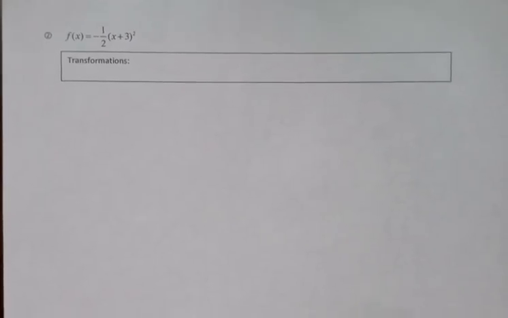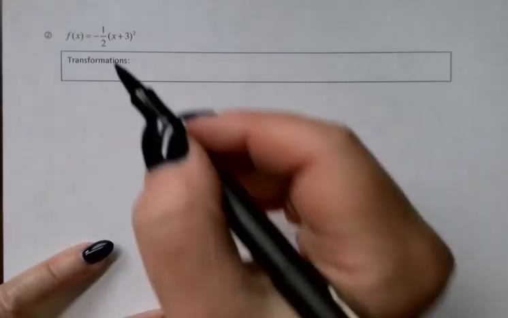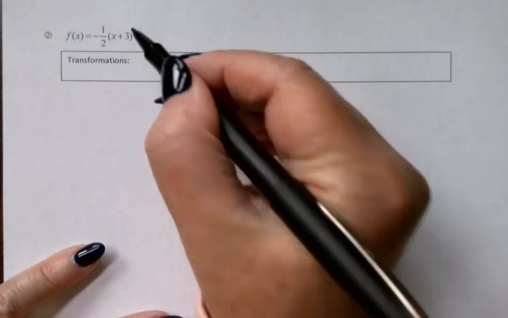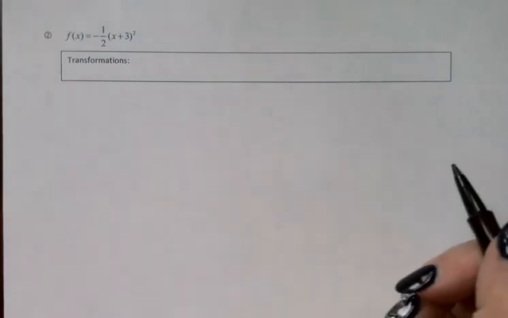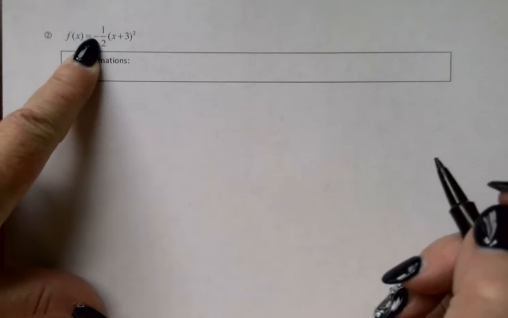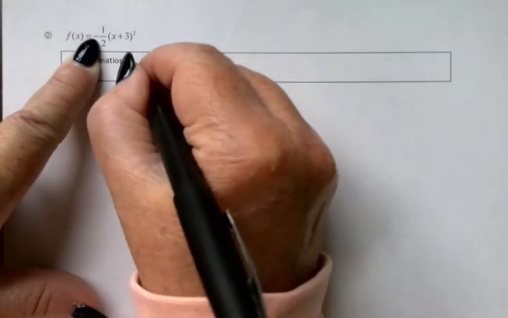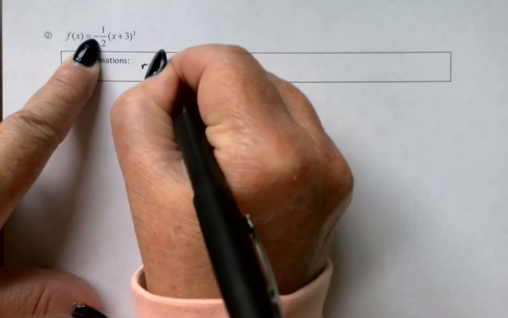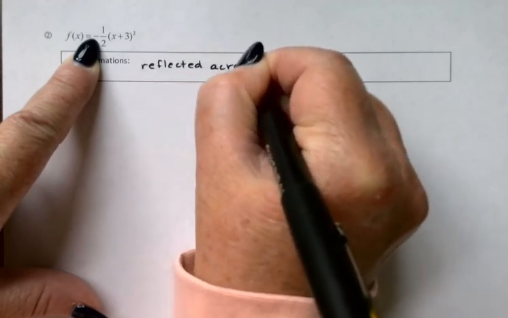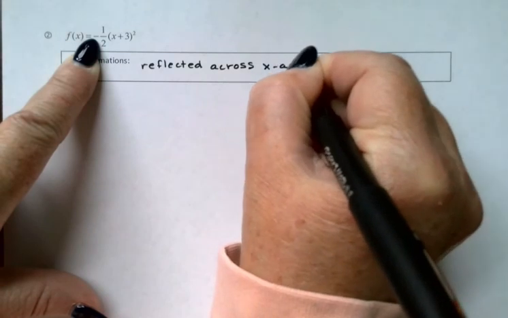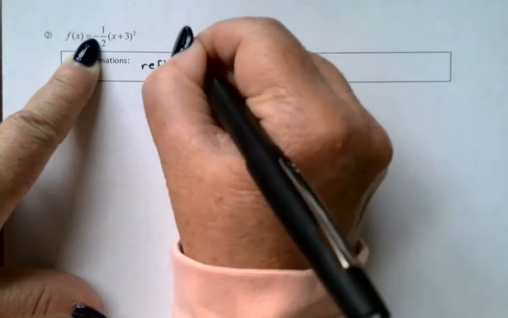This time my function is -1/2 times (x plus 3) squared. Once again, because of the square, I know the graph's going to be a parabola. In terms of the transformations, I have a negative multiplier, which means we are going to have a graph that's reflected across the x-axis, or upside down.